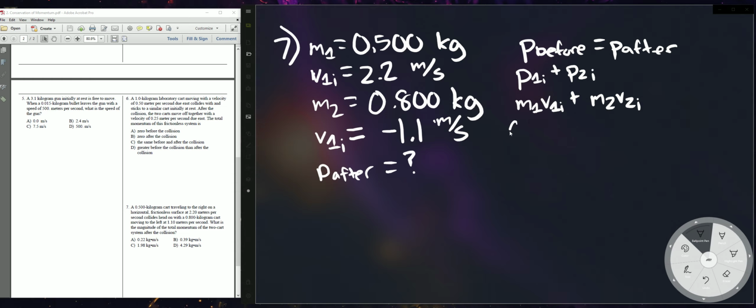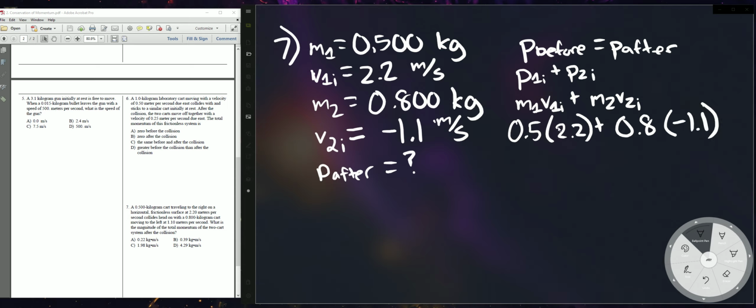And now I have 0.5, 1.1, no. I'm sorry, there's an error there. And so the initial velocity of 2. So V1I is 2.2 plus 0.8 times negative 1.1.